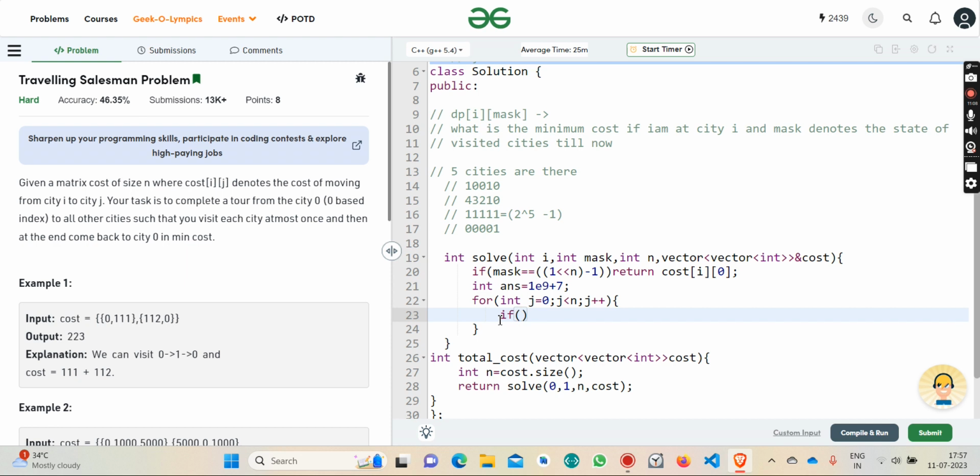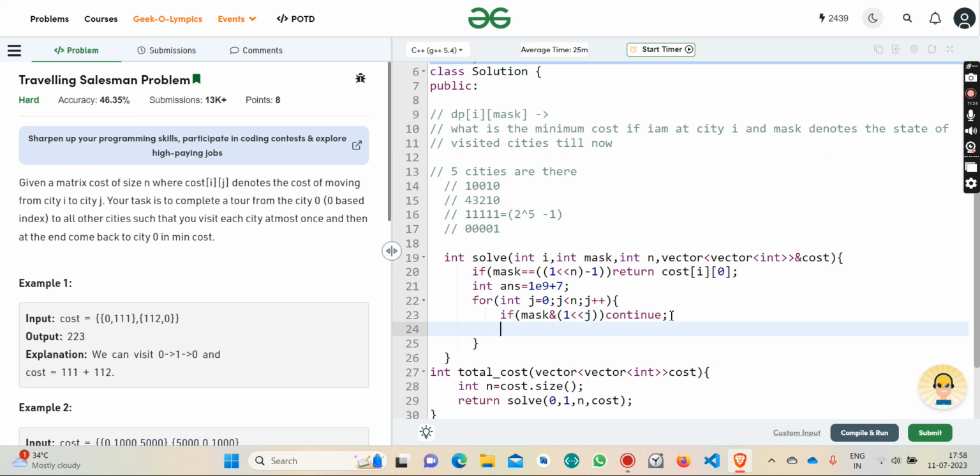So if mask and 1 shifted left by j, continue. Why have I done so? If that city is already visited, I do not have to visit it again. That's why I would continue. And if it is not visited, then I will do my job here.